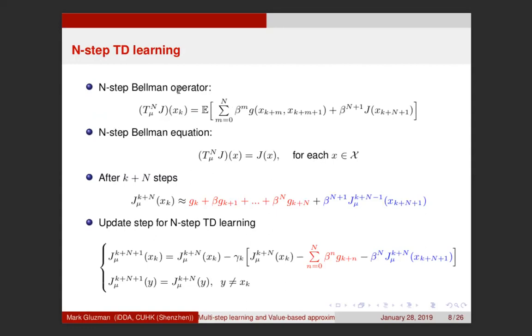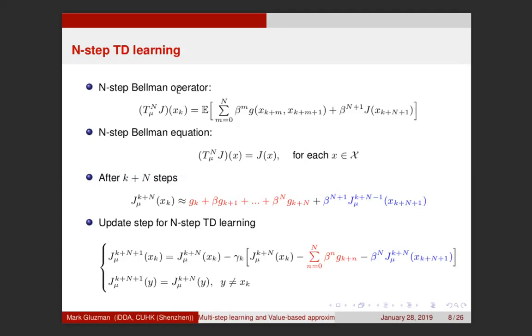Based on this idea, we can get the update rule for n-step TD learning. It's very similar to TD0 learning, but to update the estimation of xk, we need to wait n time steps after we have visited xk.